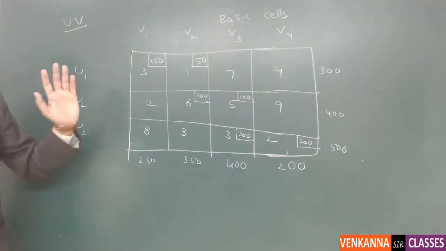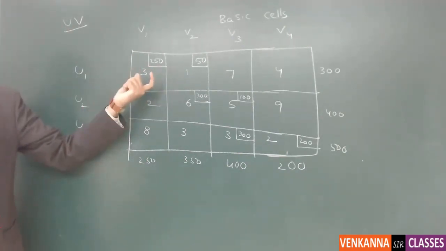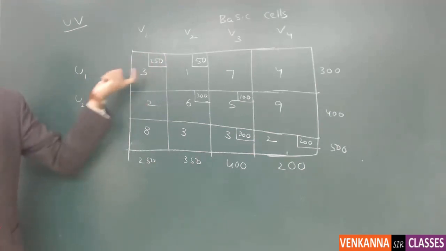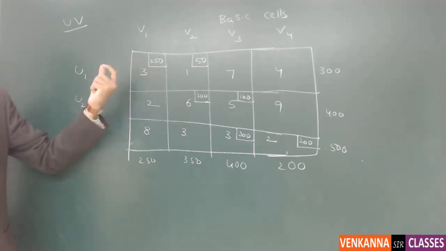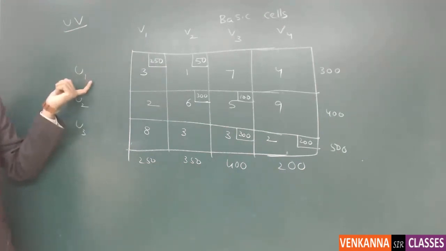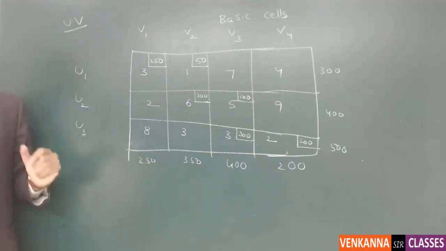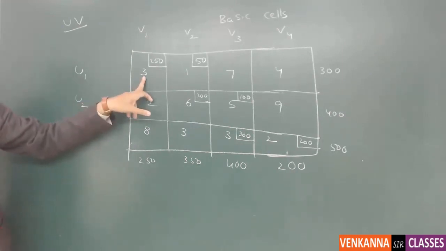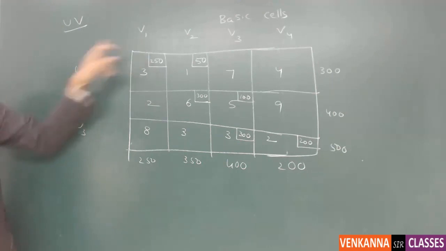Now, for the basic cells, using the formula, we are calculating the values of U and V. The value in the cell, that is 3, must be equal to the sum of these two.